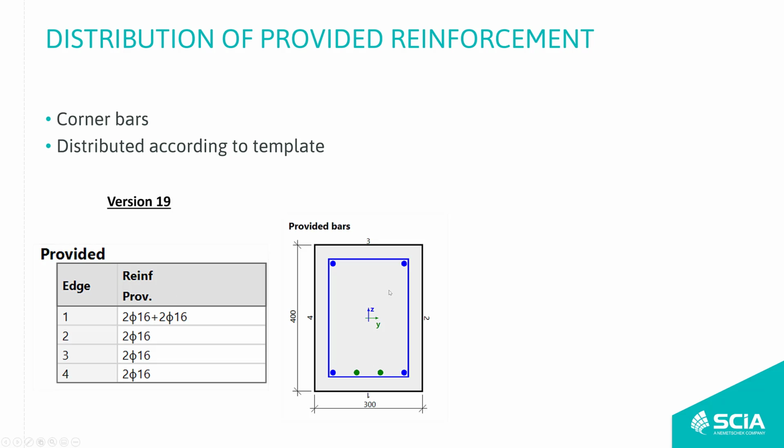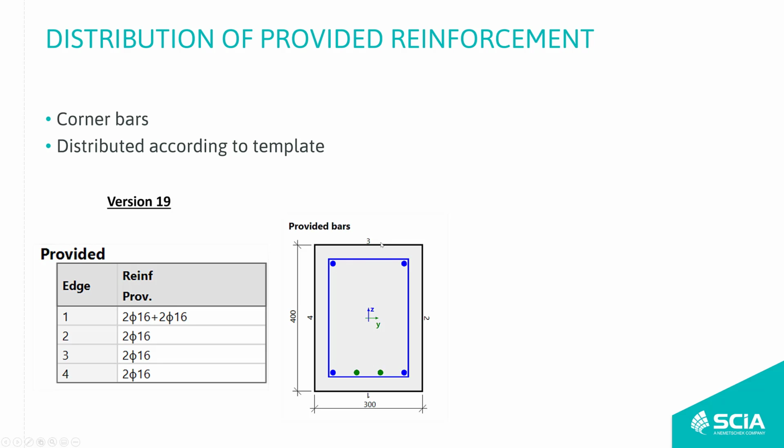Here you can count that I have 4 plus 2, it means 6. If you count how many bars I have in the table, I have 2 plus 2, it's 4, 6, 8, 10. So I have 10 in the table, 6 in the picture. So there is a difference of 4 bars.